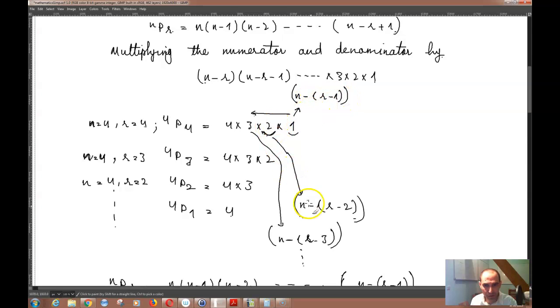This was n minus r minus 2, n minus r minus 3, and so on and so forth. Meaning that as I move to the next number, for example, from 2 to 3, you have to take this number and subtract a 1 from this part, meaning that r minus 2 minus 1 would be r minus 3, or r minus 1 minus 1 would be r minus 2, and so on and so forth.